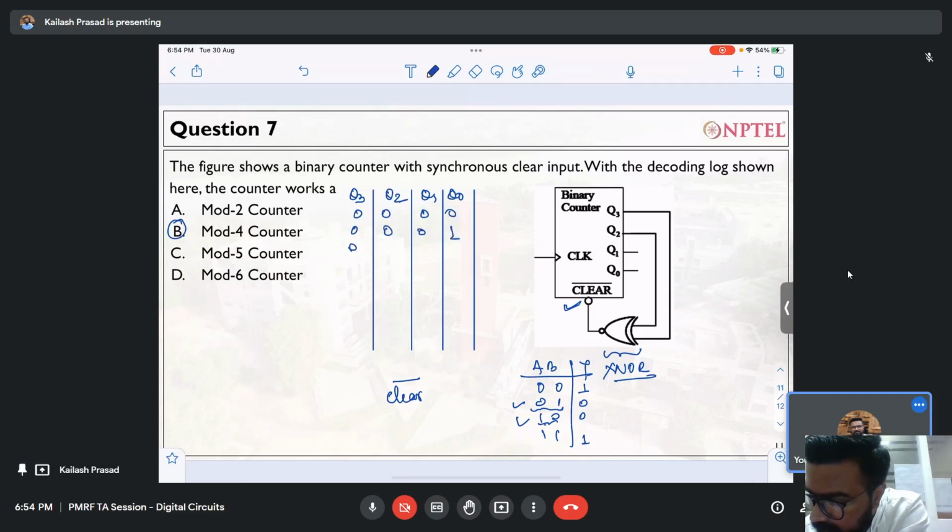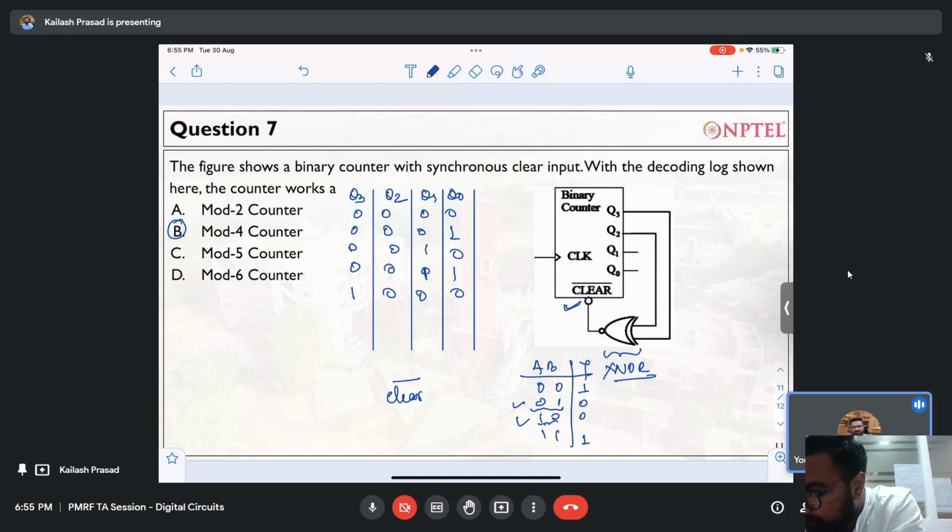Then 0, 0, 1, 0, we are also fine with that. Then 0, 0, 1, 1, we are fine. Then 1, 0, 0. Right, so when the input is 1, 0, it will be reset.